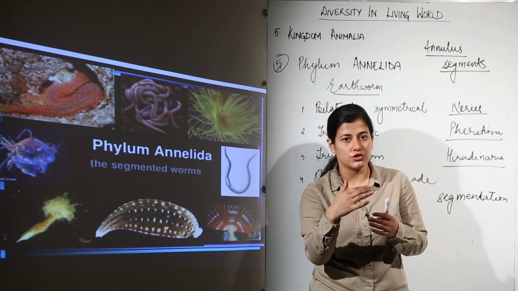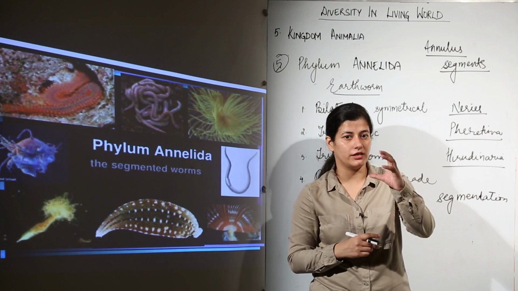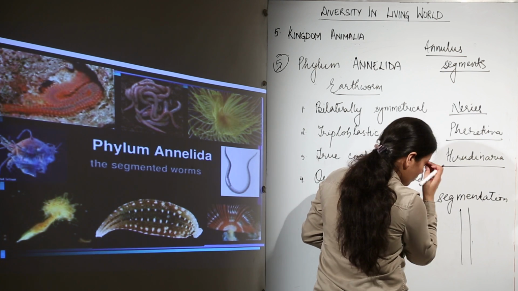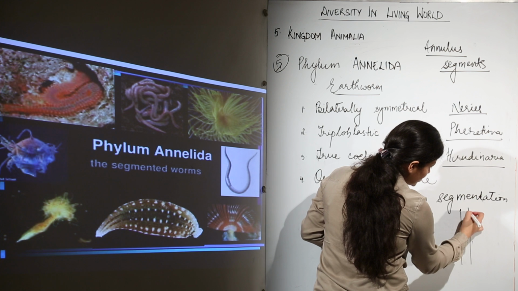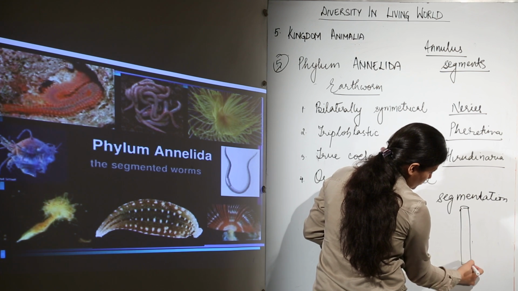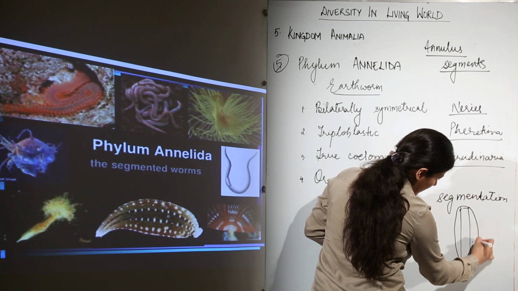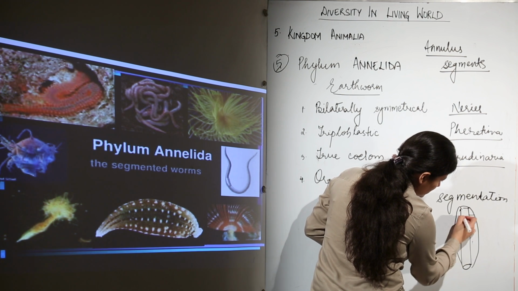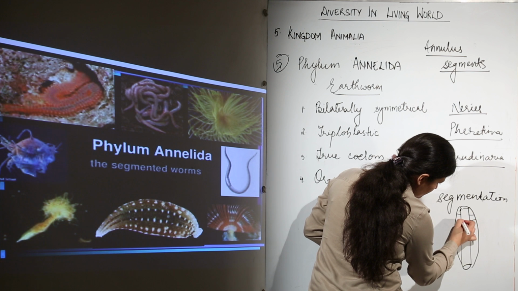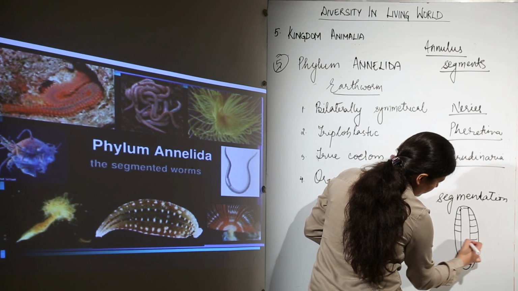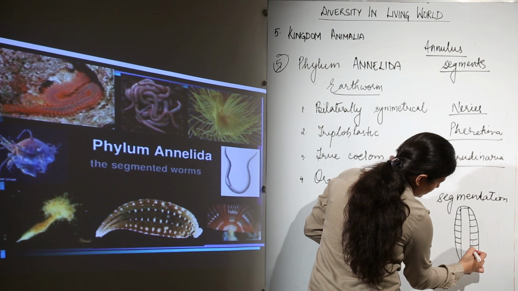Okay, there is a repetition. So the body is divided into particular segments. Supposedly you are having a body of an animal like this. This is the alimentary canal with two particular openings. This is the outer layer, this happens to be the inner layer. Here there are organs. So this part would be divided into segments where the organs would be arranged in a particular fashion and form the organ system.